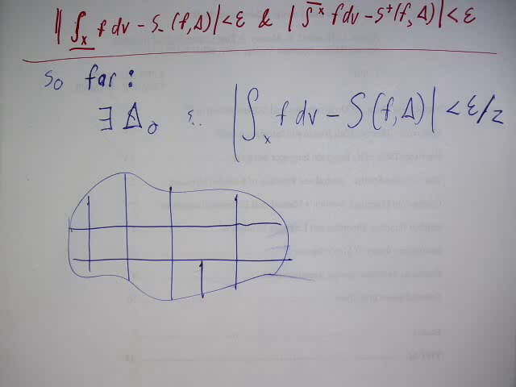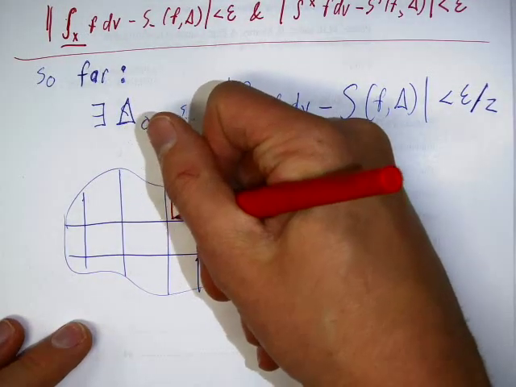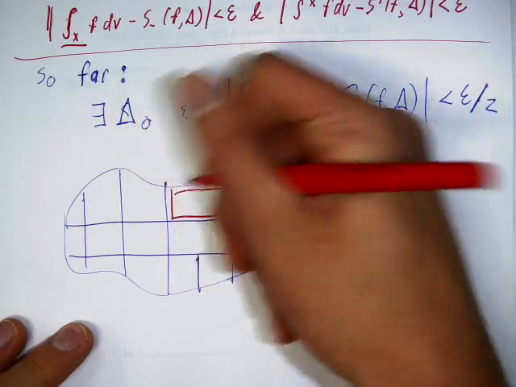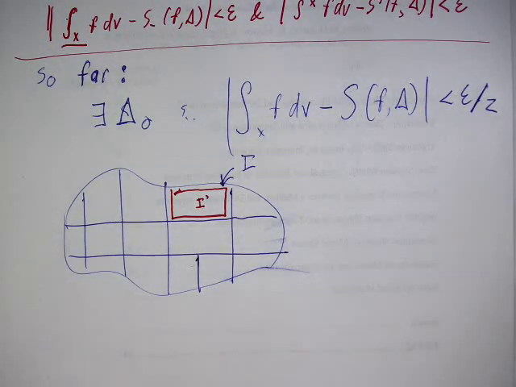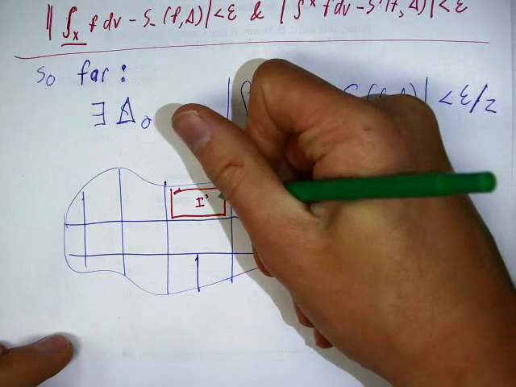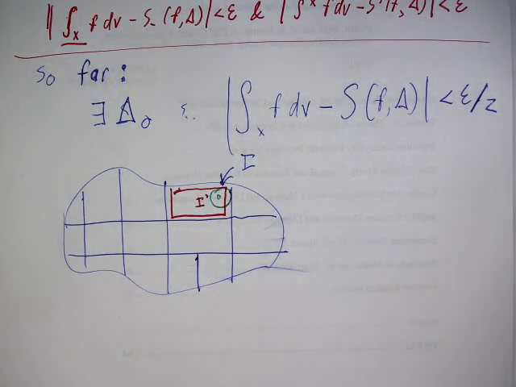The original one was I. So if that's one of these I's, we found an I prime that takes up almost all of the volume of I, but so that there exists a positive number delta so that if you take any point in I prime and take a delta neighborhood of that point, all of that will be inside of I.